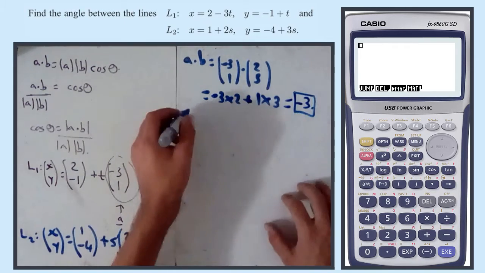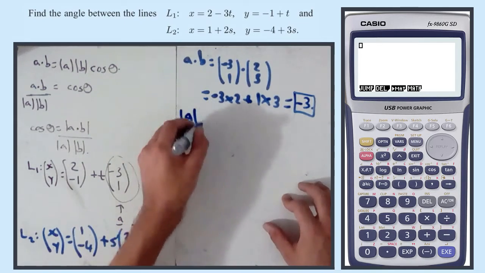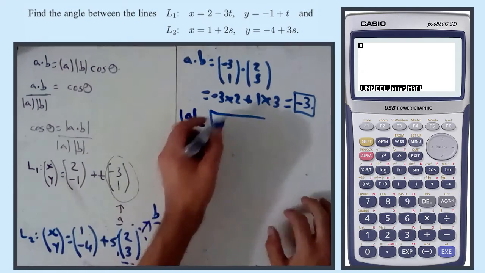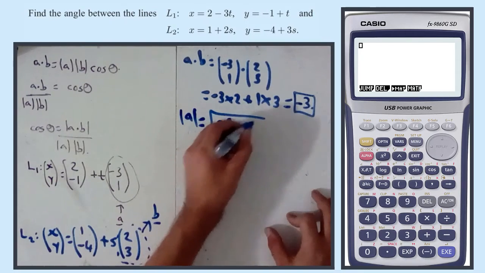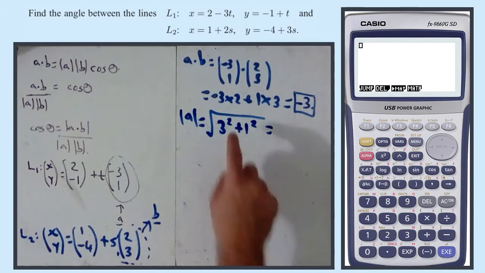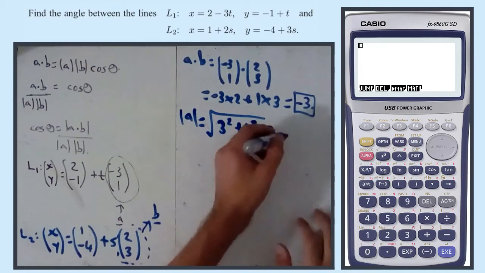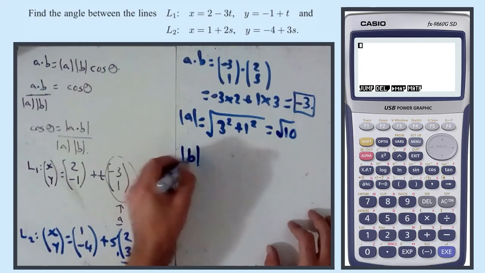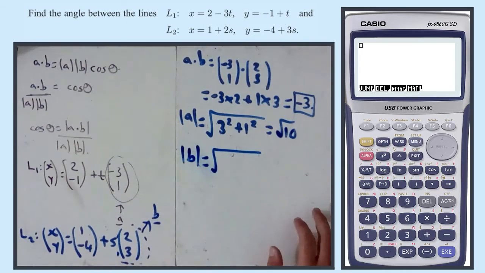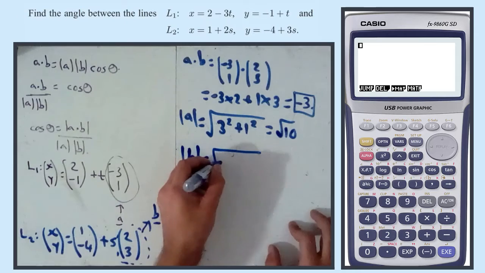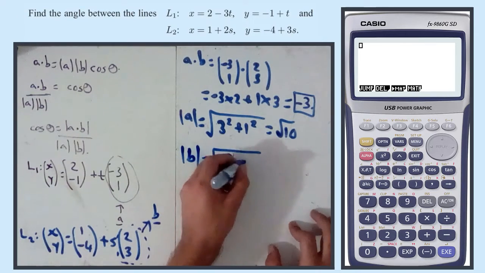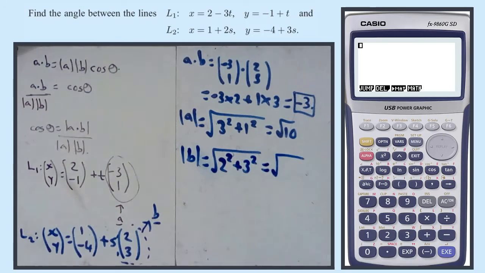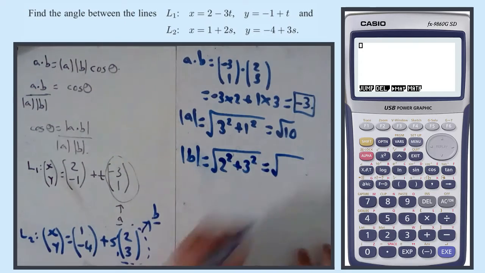Then we need the magnitude of a, which is the square root of 3 squared plus 1 squared, so the square root of 9 plus 1, which is root 10. The magnitude of b equals the square root of 2 squared plus 3 squared, which is the square root of 4 plus 9, which is root 13.